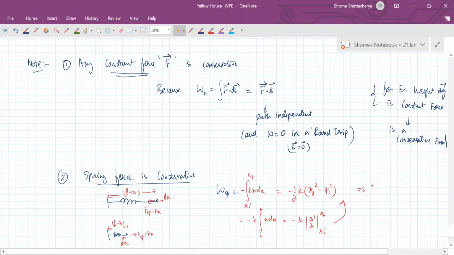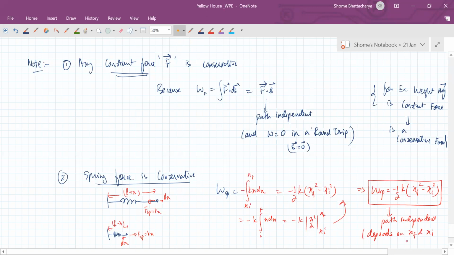Okay. So the work done by the spring, if you see now, is a formula such that it is path independent. It only depends on the final state and initial state. It depends on state only. So therefore, spring force is conservative in nature.